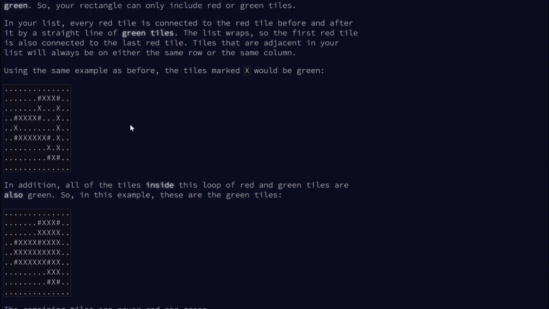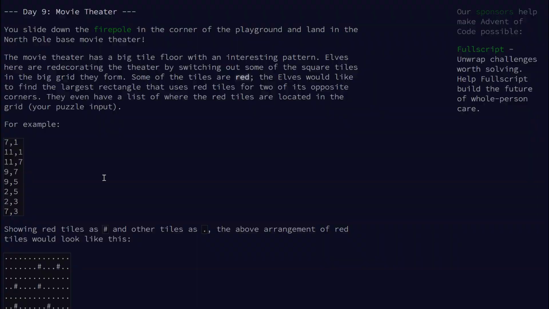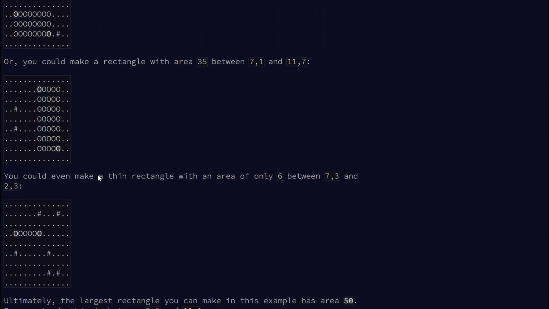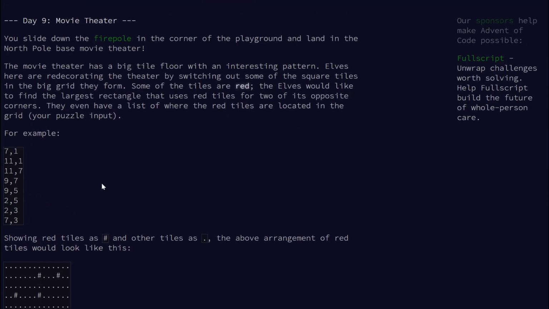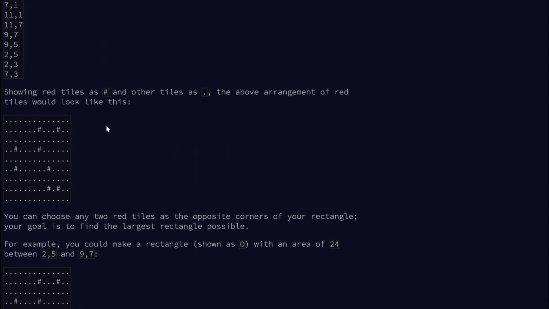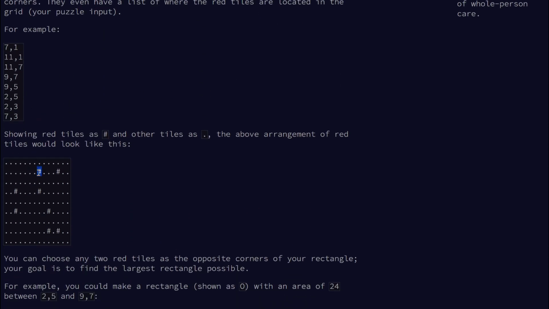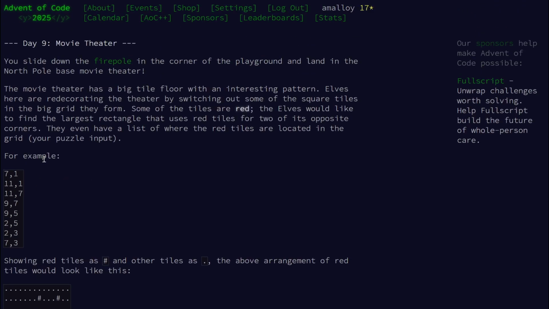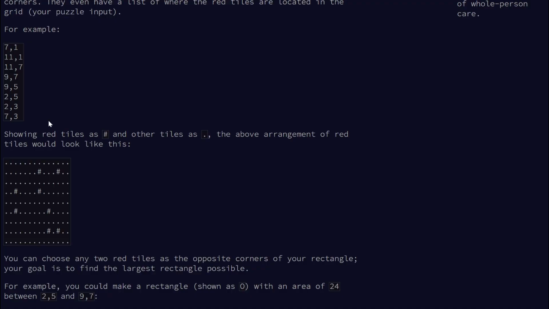Okay, maybe what I should do is actually parse this example input, which we know 7, 1. God, what is their crazy orientation they use here? I think this must be 11-1 in their system. No, 7-1, I mean. This is 0-0. 1, 2, 3, 4, 5, 6. 1, 2, 3, 4, 5, 6, 7.